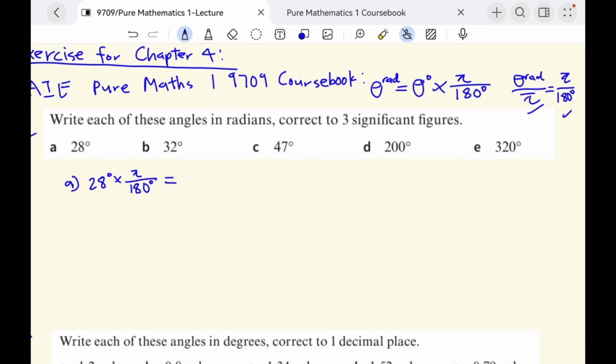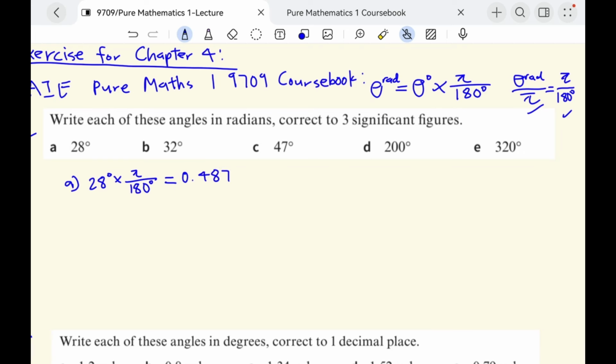Just press your calculator: 28 times pi divided by 180, what will you get? Because the question wants you to leave it in 3 significant figures, by right if you use a calculator, you will get 0.487. You may check your answer and see.